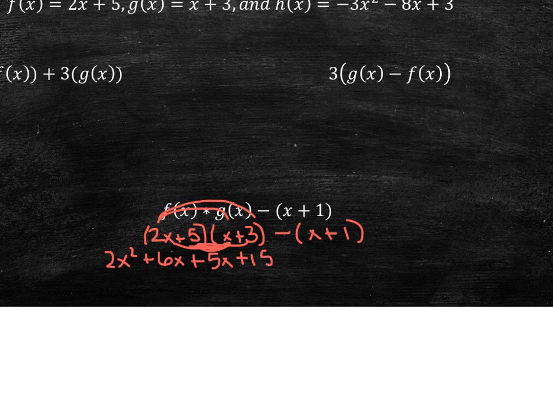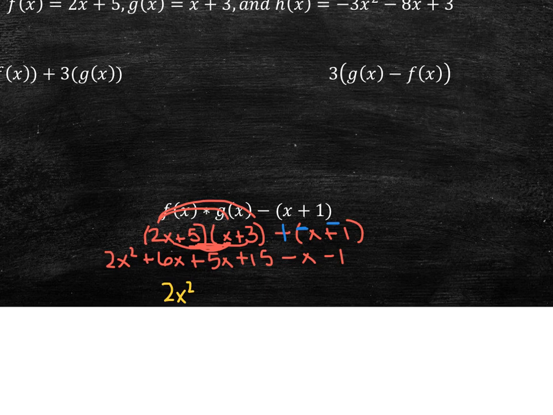We're going to subtract the next part, so go ahead and change that. So plus, negative, negative. And so this would be minus x and then minus 1. Now go ahead and look for your like terms. 2x squared is the only squared term. So we'll have 2x squared.